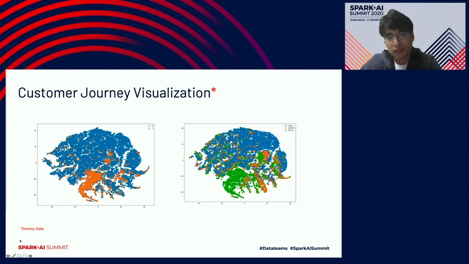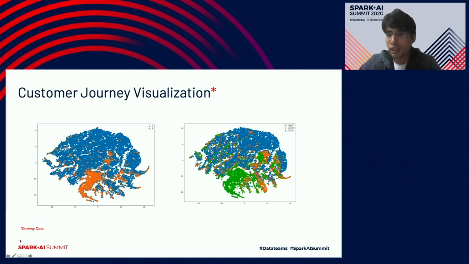So in this case, we can clearly see the people who are very serious about buying the car tend to have similar journeys. And on the right side plot, we have further broken it down in terms of casual, serious, and those who actually buy the vehicle, right? So you can see which customers are almost on the verge of making a decision to buy the car, but they did not, right?